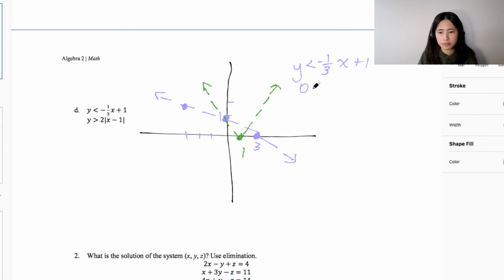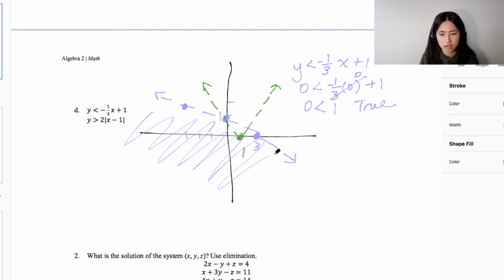So our test point would be 0, and you have 0 less than negative 1 over 3 times 0 plus 1. So we know that this is going to be 0, and we can compare 0 less than 1. So this is actually true. So when this is true, that means we can shade the test point, we can include that. So that's going to be here.